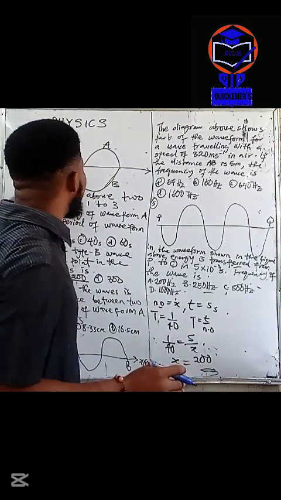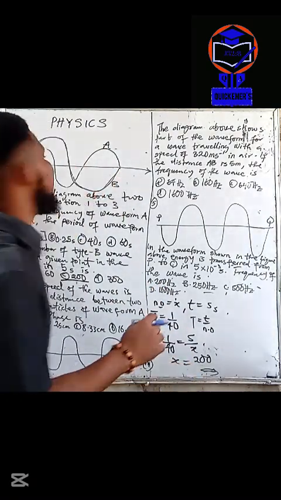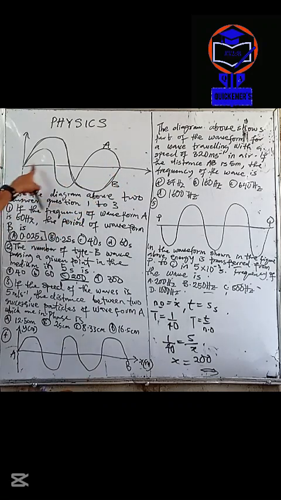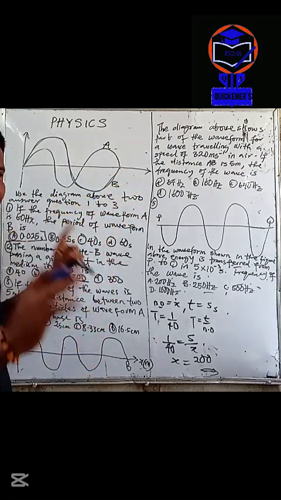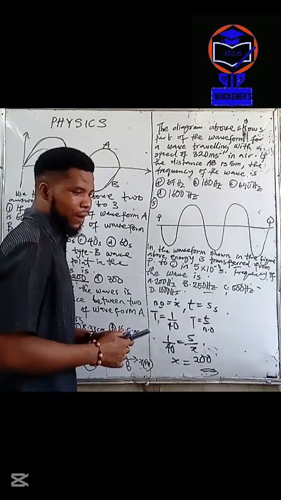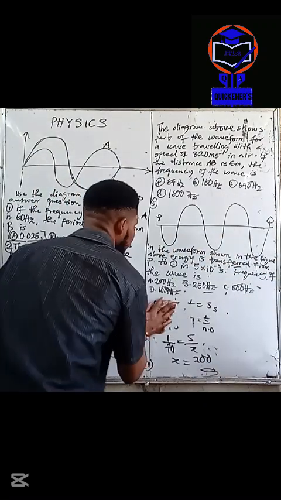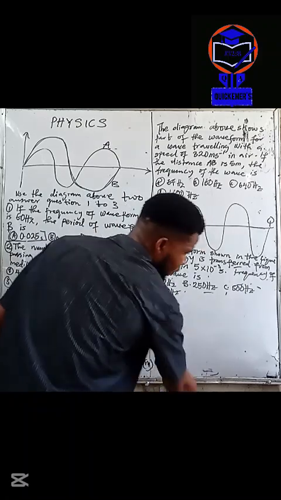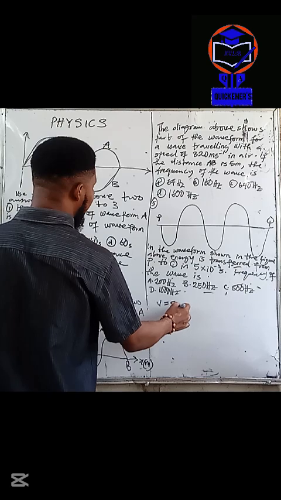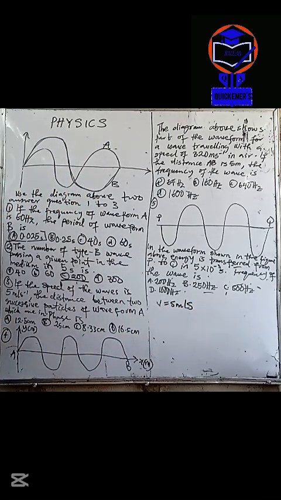Because they cover the same distance at the same time. Can you see that? So they both have the same speed. So their speed is 5 meters per second. That is what the question says.